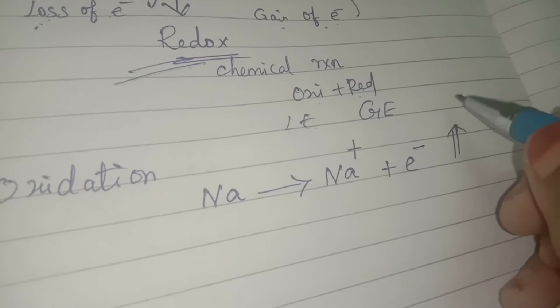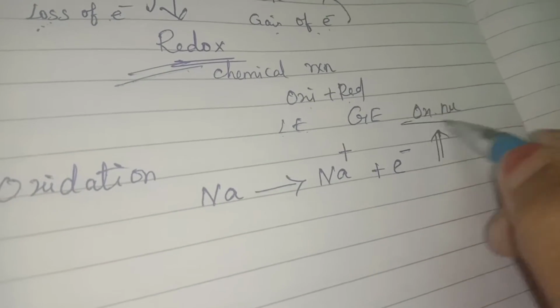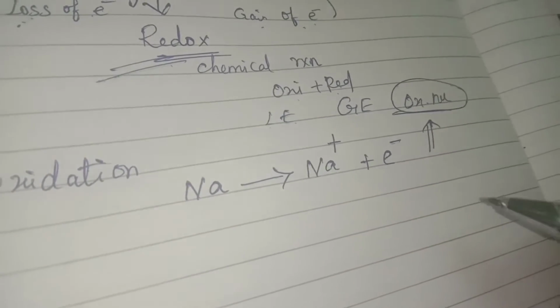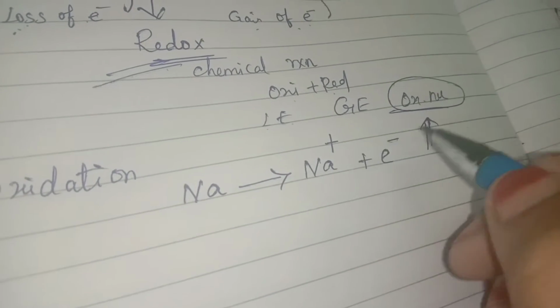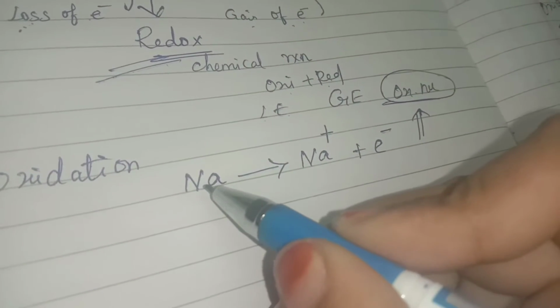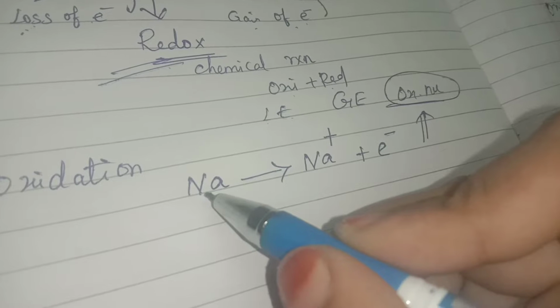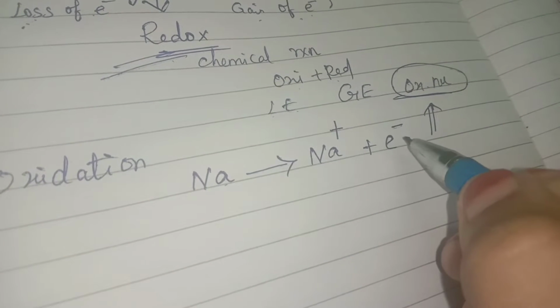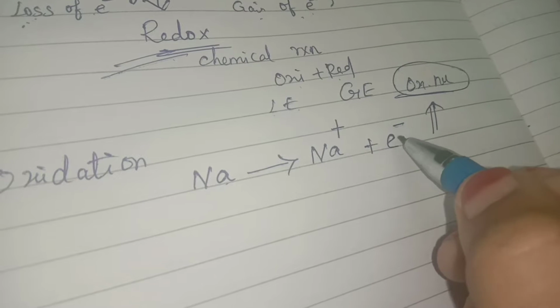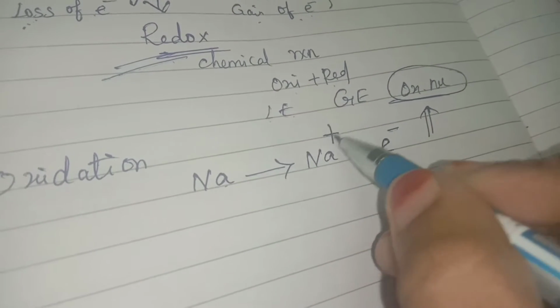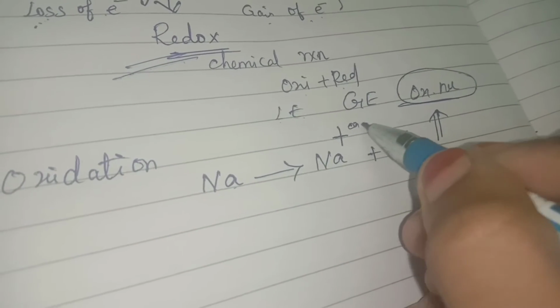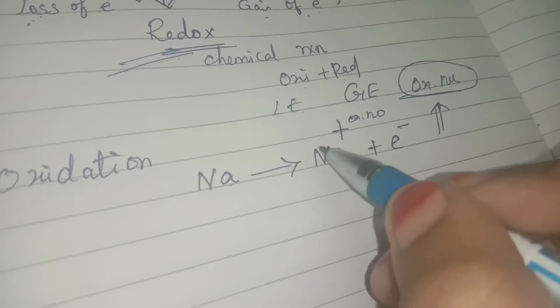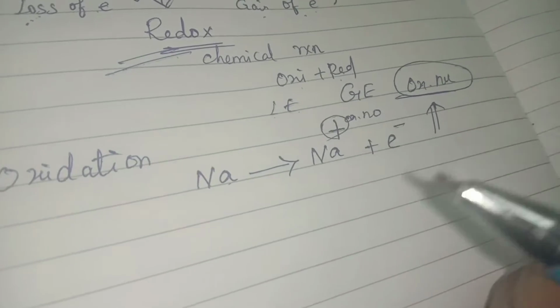About the oxidation number also I clearly explained in the previous video. Now I am just simply explaining here. Sodium we are taking as an example for oxidation. Explanation for oxidation reaction is losing an electron. It is losing an electron, then the oxidation number of sodium is increasing, so it is gaining a plus charge here.